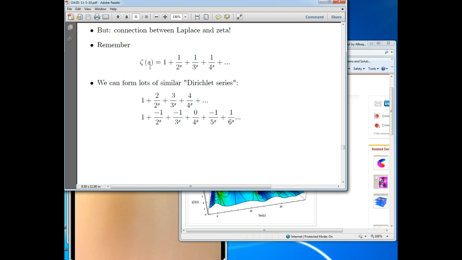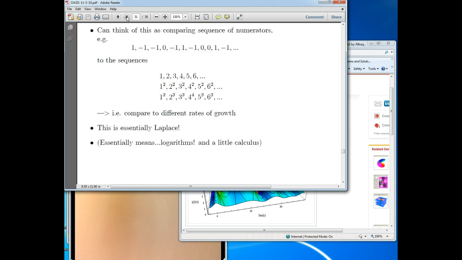Because remember, if I let s be anything, this could be 1, -1, -1, 0, etc. over 1, 2, 3, 4, 5, 6, etc. Or 1, 4, 9, 16, 25, etc. Or 1, 8, 27, 64, etc. The different answers for the sum that I get for the different s's basically compares the sequence on the numerators to those different possible, very standardized denominator sequences. So I'm going to compare some interesting sequence of numerators that I don't understand very well to these standardized sequences. The numerators with the denominators with s equals 1, s equals 2, s equals 3.